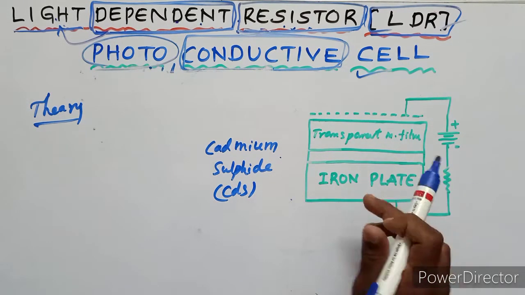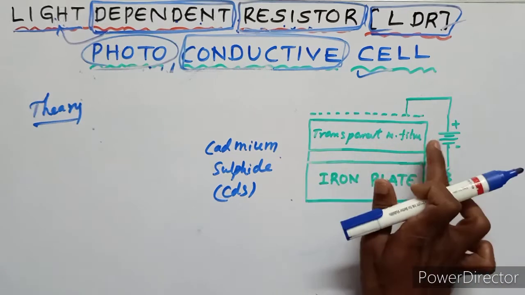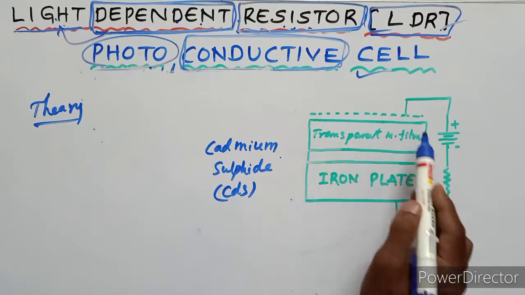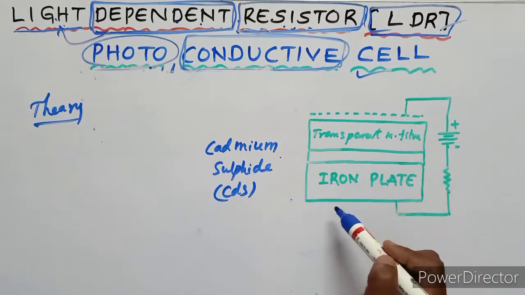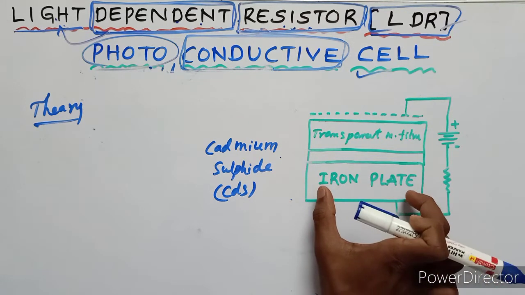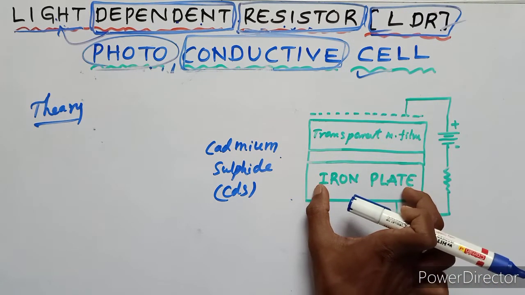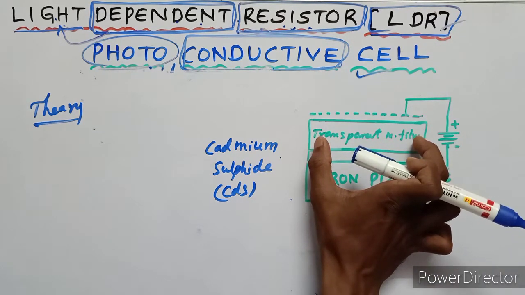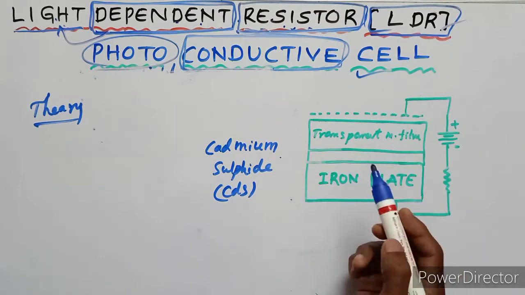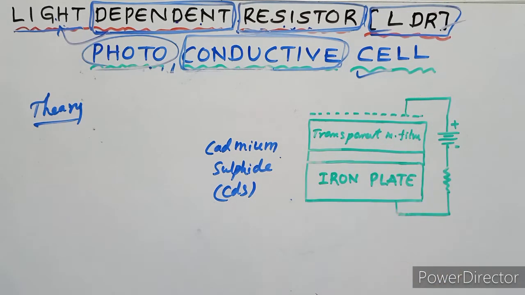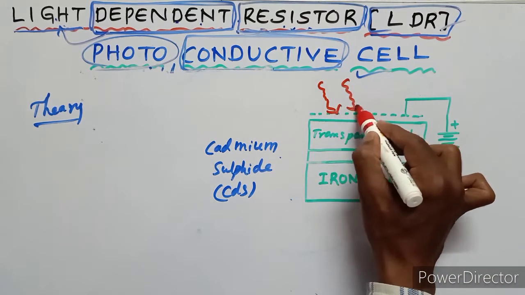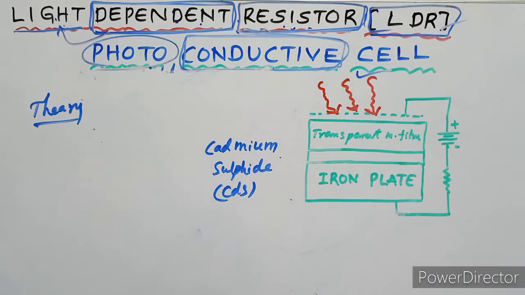On the surface, a transparent metal film is fixed. So this is totally a metal plate. First of all, the iron plate. On the iron plate, cadmium sulfide is deposited. On the surface, a transparent metal film is fixed. First of all, the light is incident on the transparent film.